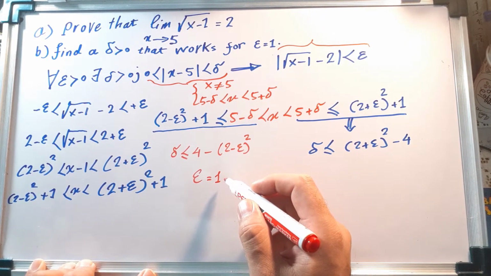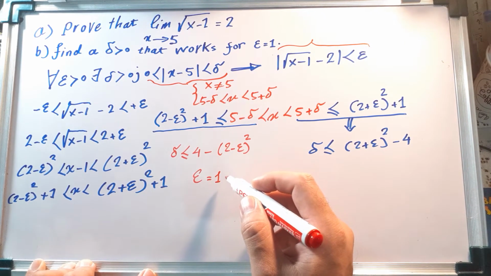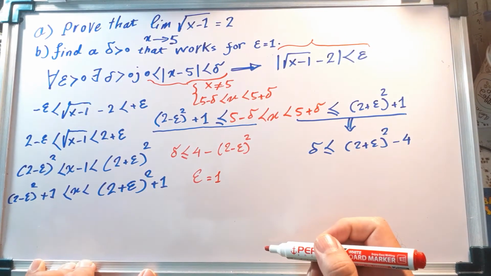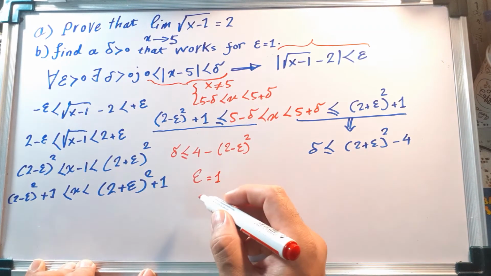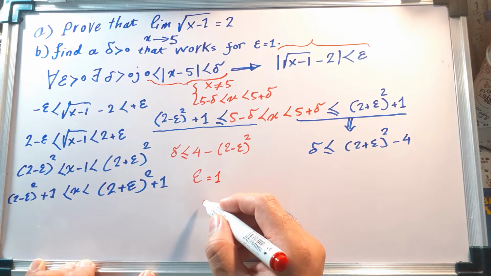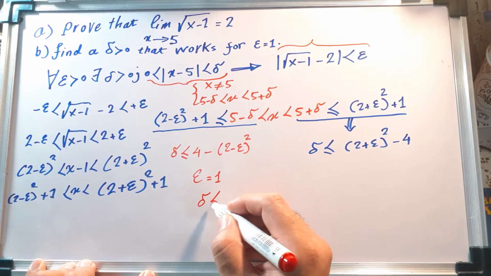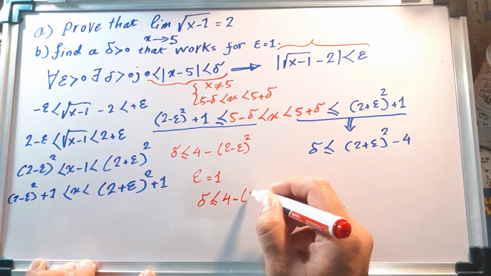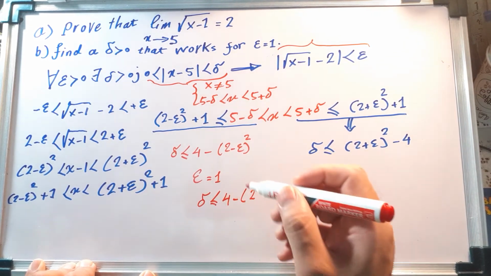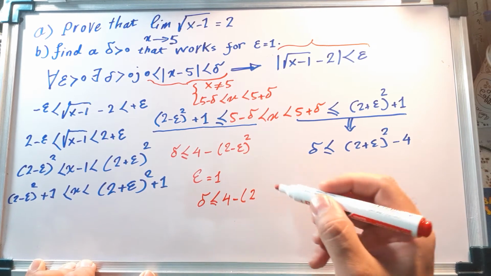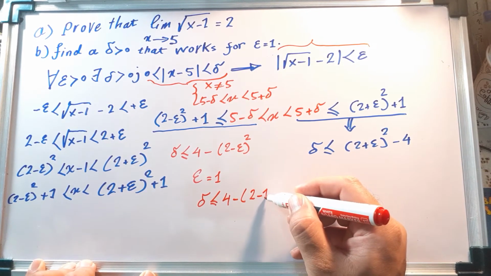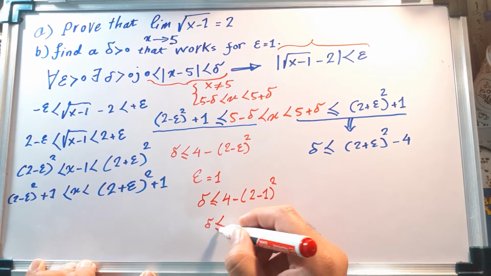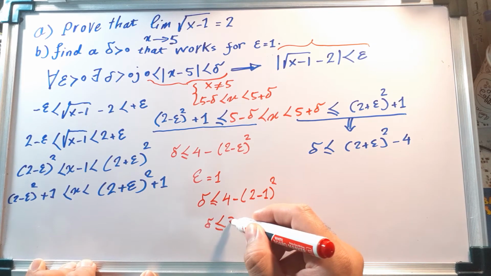So let me plug in a number such as epsilon equals 1 here, and by plugging 1 instead of epsilon, delta is less than 3.